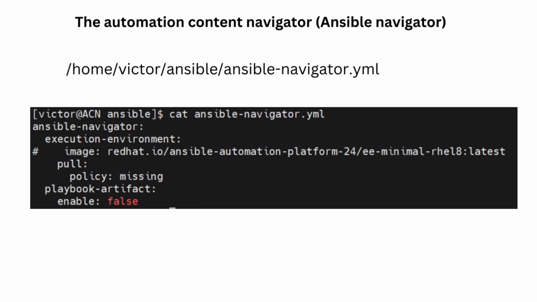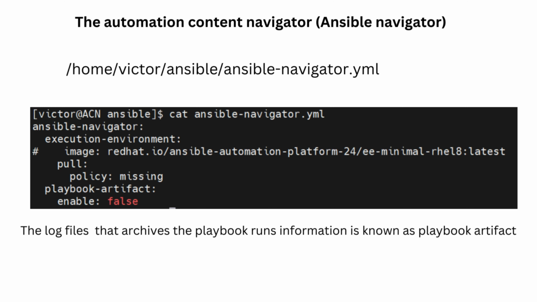And for the pull, we have policy which is missing, meaning that you should pull the container image if it does not exist on the local machine. And we also have parameters such as playbook artifacts, and we are saying false, meaning we are disabling playbook artifacts. And this will disable the generation of playbook artifacts when using the Ansible Navigator command.